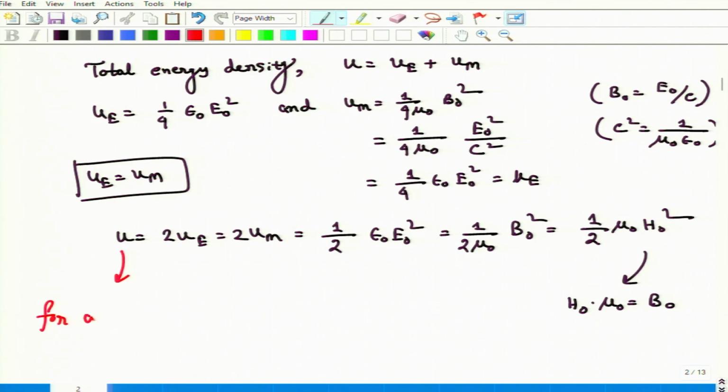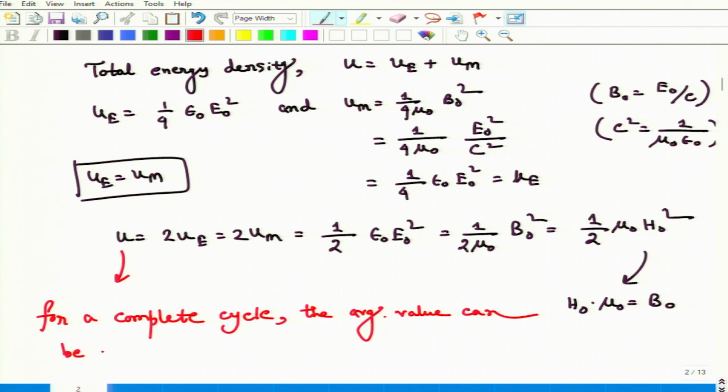For a complete cycle, the average value can be written as the energy density.